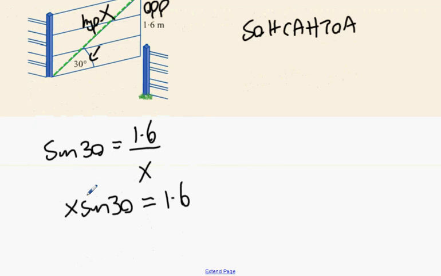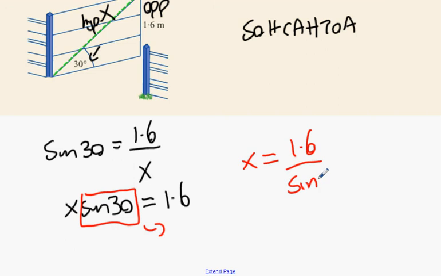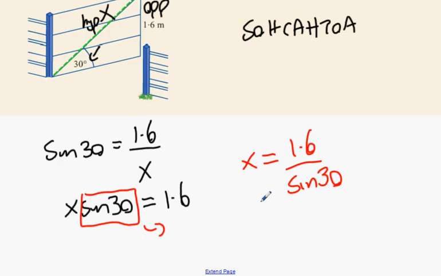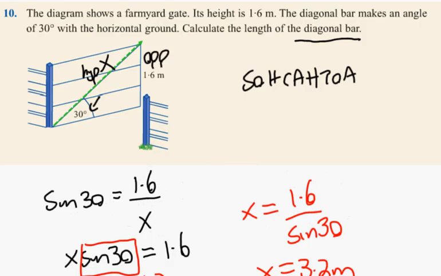What's stopping the x from being on its own? Yeah, it's been multiplied by sin 30, which means when sin 30 crosses the equal sign, it'll turn into 1.6 over sin 30. And then 1.6 divided by sin 30 gets us an answer of 3.2 meters. Okay? So you can see these questions getting reasonably easy.